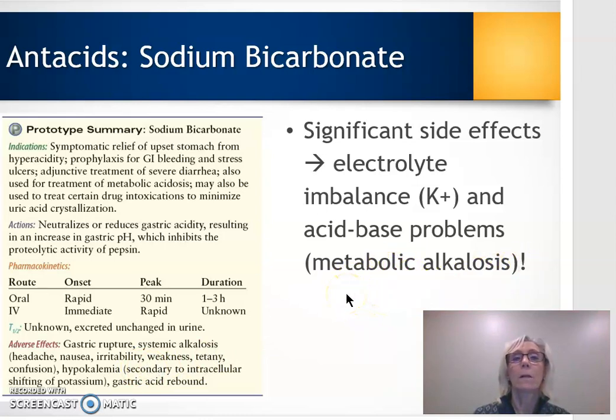This can be very problematic, particularly if the patient has kidney disease on top of it. So we try to avoid this antacid if possible, but if a patient is taking a lot of it, it can present problems. We need to be aware of this if patients are overdosing on sodium bicarbonate and get them to take a different antacid.